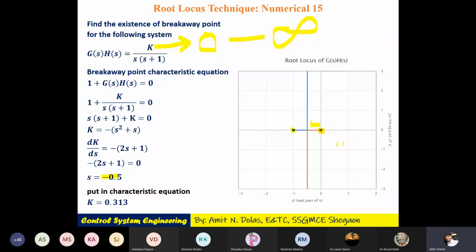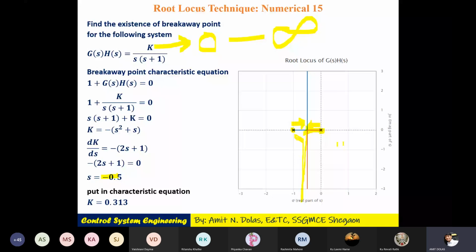And again further, if we increase the value of K, one of the poles will go towards infinity, and one of the poles will go in the opposite direction along the asymptote, of course, and will go towards infinity. What is the value of K where your s is minus 0.5?